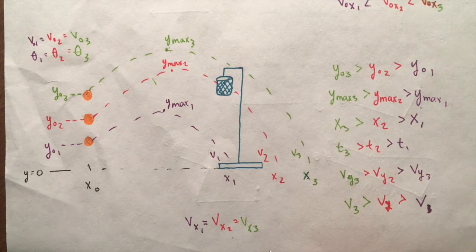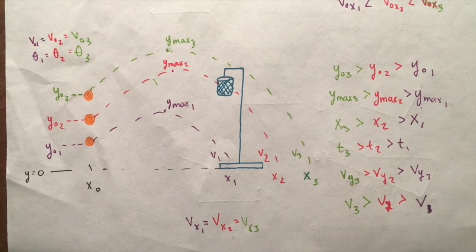The x components are the same, but because they have different vertical speeds at the end, they have different speeds at the end. So we can use the vertical components to compare their total speeds, since their horizontal components are the same. And the one with the greatest vertical component has the greatest total speed. The one with the smallest vertical component has the smallest speed at the end.